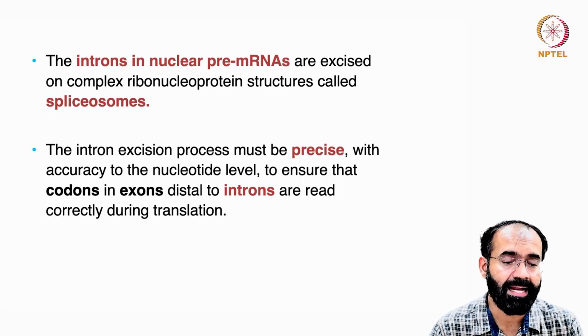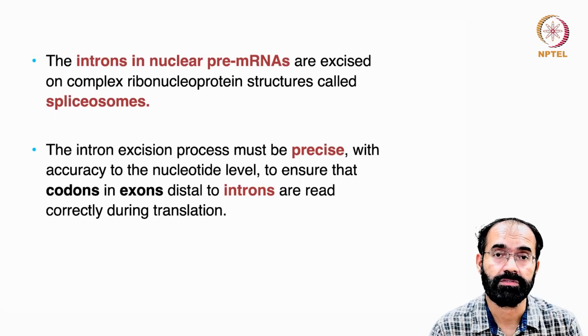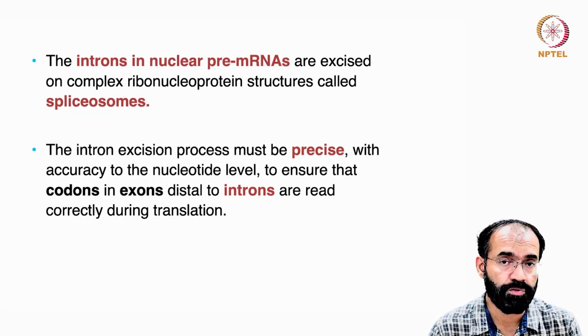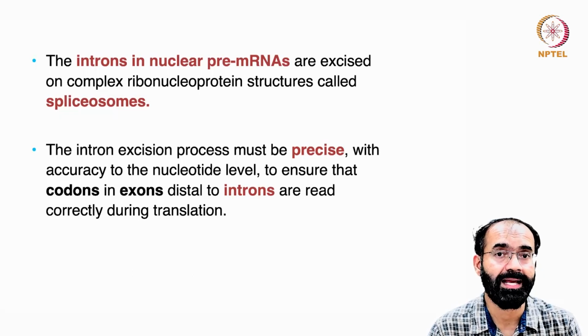This is to ensure that the codons in the exons distal to introns are intact. If you have an intron, upstream you have an exon and downstream you have an exon. Many times one codon may span these two exons: 2 bases from exon 1 are now fused to a single base from exon 2.